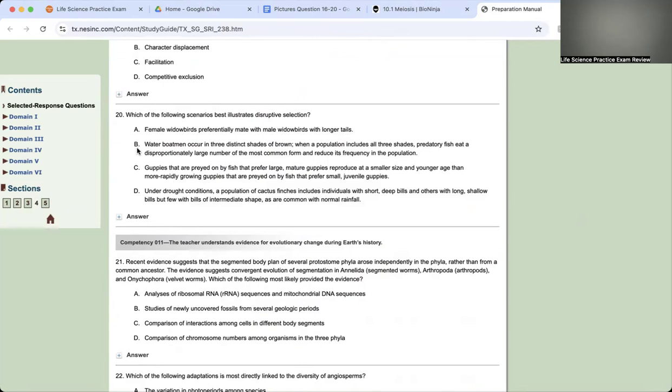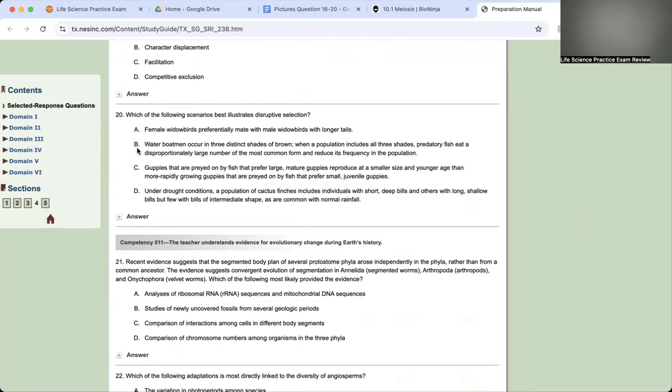Answer choice C says guppies that are preyed on by fish that prefer large, mature guppies reproduce at a smaller size, at a younger age, and more rapidly than the guppies that are preyed on by fish that prefer small juvenile guppies.